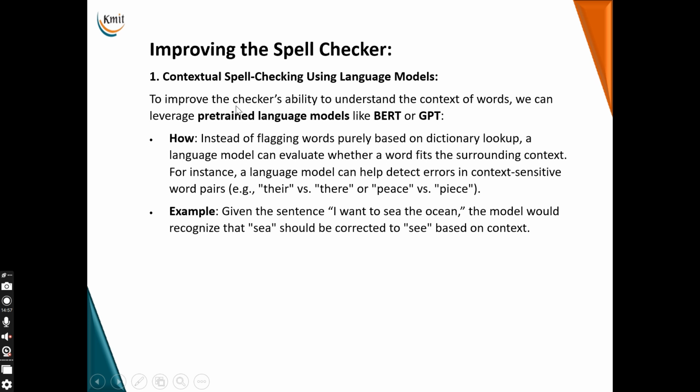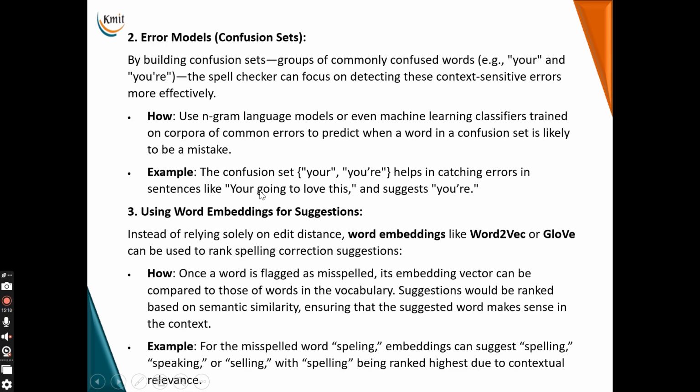So you can use the pre-trained language models which will give you more accurate suggestions. Suppose I give the sentence like, I want to see the ocean. The model should recognize that SEA should be replaced with SEE in order to have the proper meaning for the context.